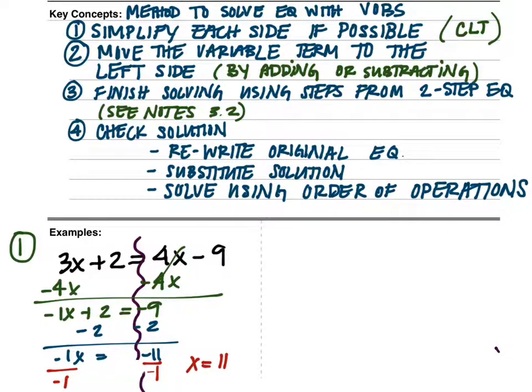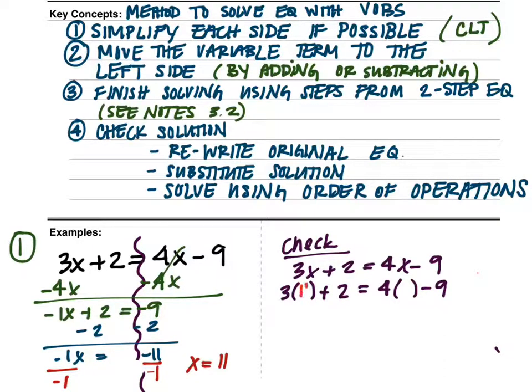And we're going to go ahead and check this answer of 11 back into our original equation. So I'm going to write out 3x plus 2 is equal to 4x minus 9. And then I'm going to write out 3 times 11, because I believe x is 11, plus 2 is equal to 4 times 11, again because I believe x is 11, and subtract 9.